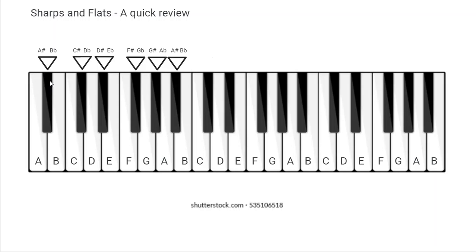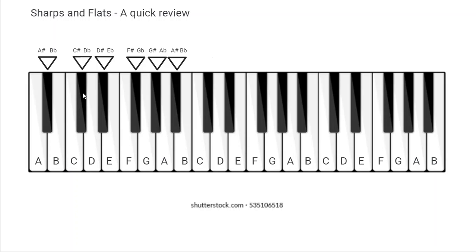We have A sharp, but it could also be considered B flat because it's also moving down a half step from our B. So this black key could either be called A sharp or B flat. In the same way, this white key here that we see as note name C, since it's one half step up, could also be considered B sharp. But we're not going to worry about that.